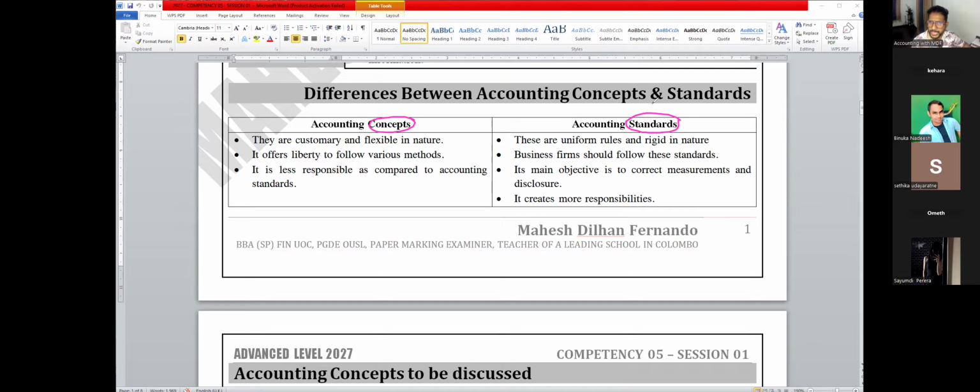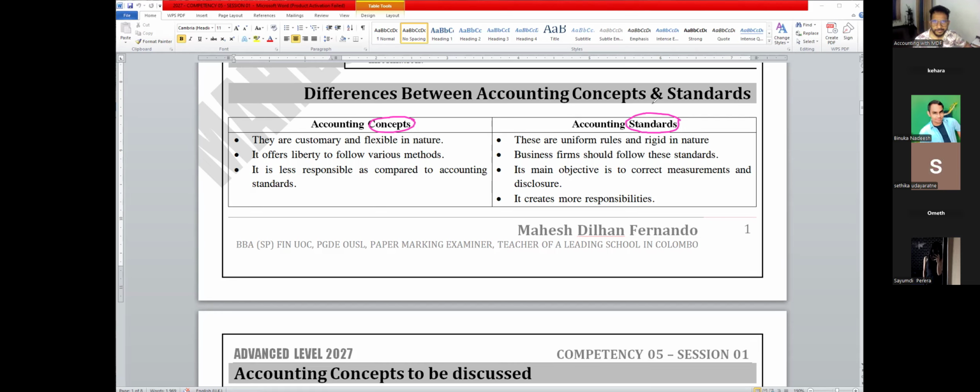I'm taking much time to explain these things, so listen to me very carefully. If one of your friends asks, I don't understand the meaning of concepts and standards, then you should be in a position to explain the difference between the concepts and standards to them.